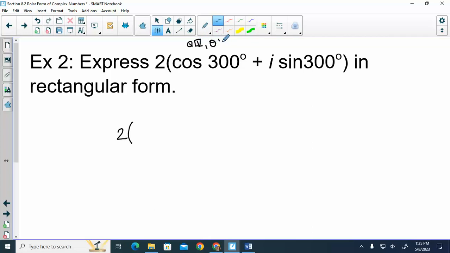Reference angle? 60. In quadrant 4, is cosine positive or negative? Positive. And what's the cosine of 60? 1/2, plus i times the sine of 300. So in quadrant 4, is sine positive or negative? Negative. And what's the sine of 60?